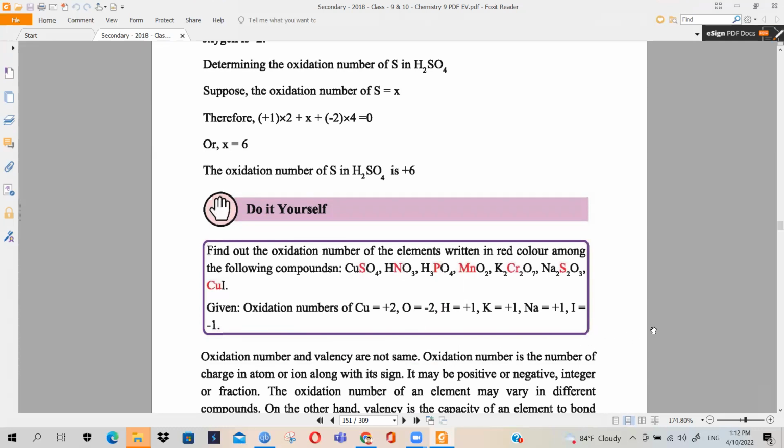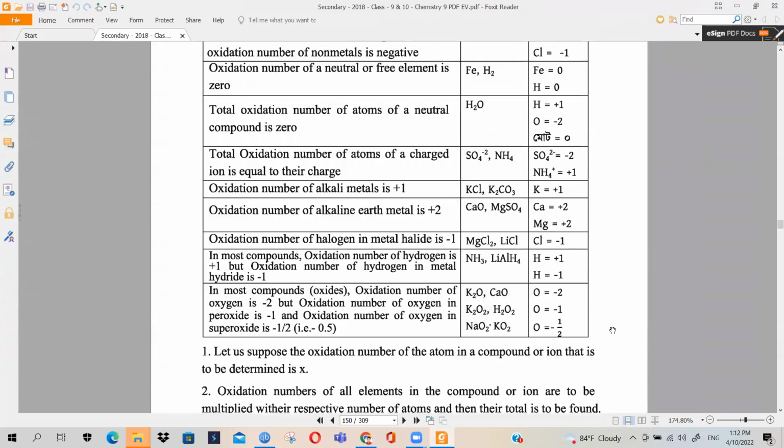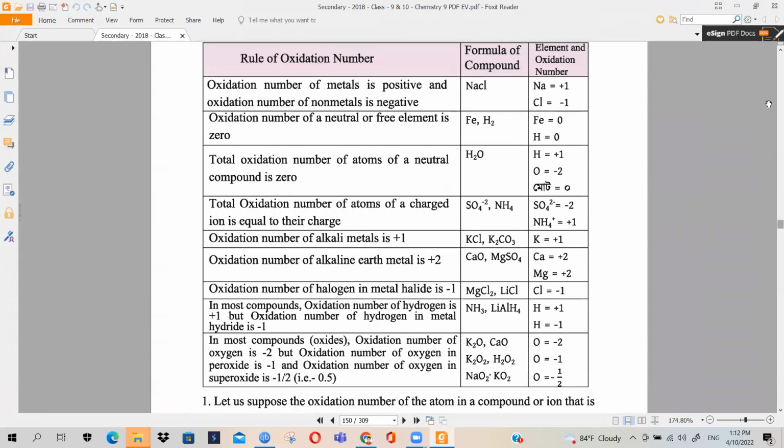Take a screenshot of this as well, and you should be memorizing this. It's not even difficult to memorize. This is very easy to memorize. Just read it out 2 or 3 times. And try to send me the digital copies of the books as soon as possible by consulting others.